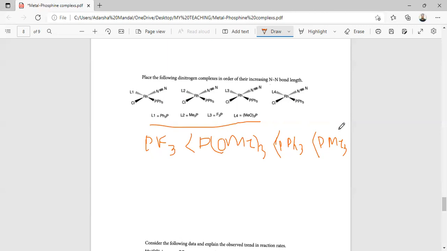It will decrease the electron density on the metal center. So in that case the NN bond is shorter.